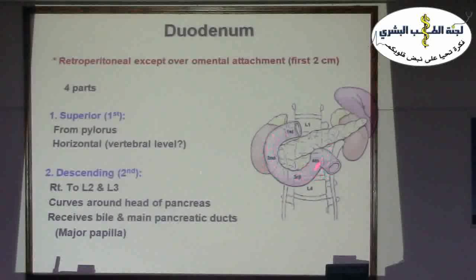Then to the right of the vertebra you have the ascending part, which ascends up to the level of L2 to enter the peritoneum again. So we have a first, second, third and fourth part of the duodenum. The first is the superior, the second is the descending, the third is the horizontal, the fourth is ascending.